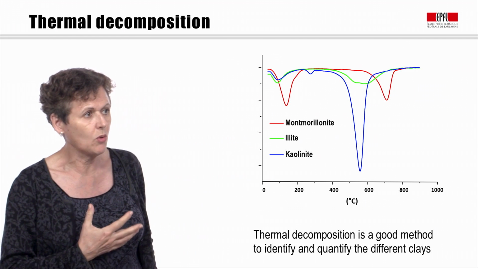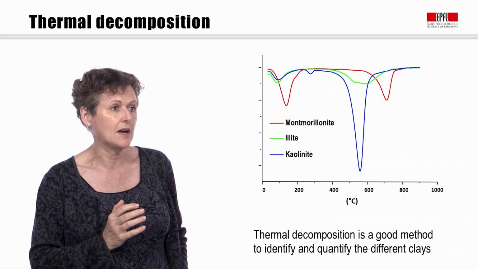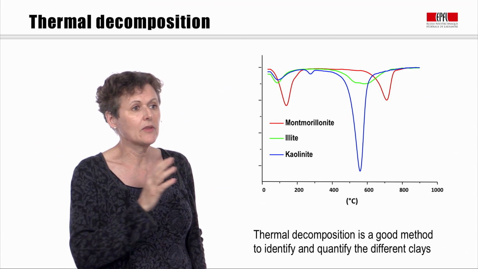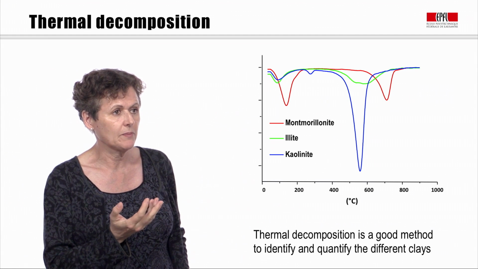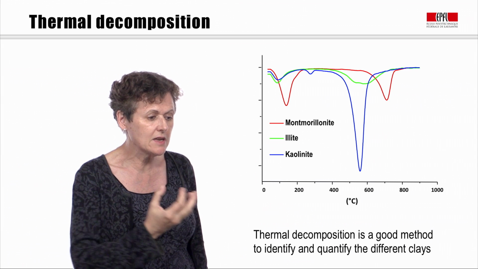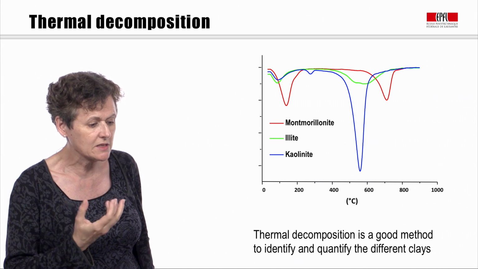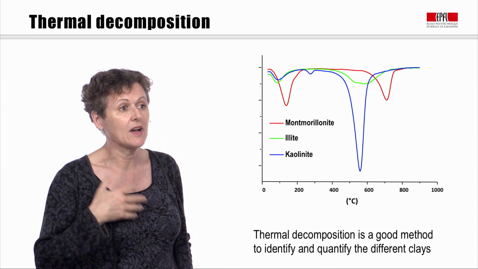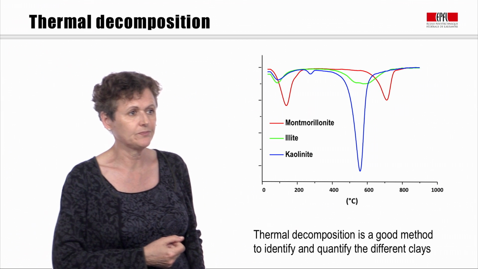In this slide here, what we see is the thermal decomposition of the different clay types. And we can see that these have a thermal decomposition in different ranges. What these peaks represent is the amount of heat that is absorbed by the material as it's heated up. And this heat is absorbed due to the loss of hydroxides from the structure, which is called dehydroxylation.